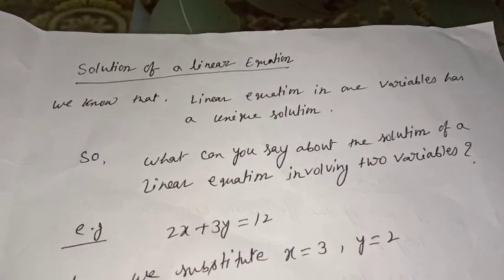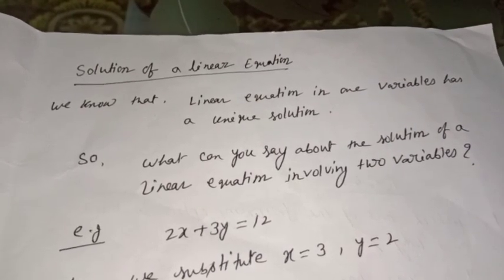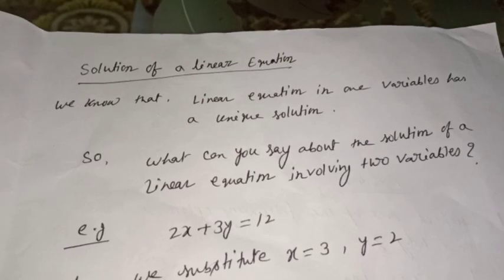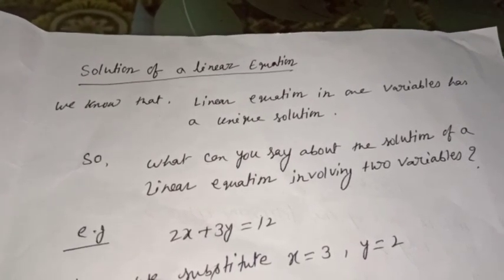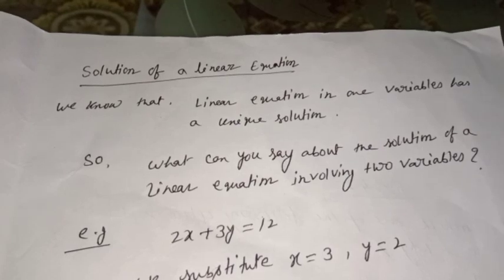This is called general form or standard form. I repeat, ax plus by plus c is equal to 0, and a and b are not together 0. a, b, c all are real numbers, but a and b are not together 0.